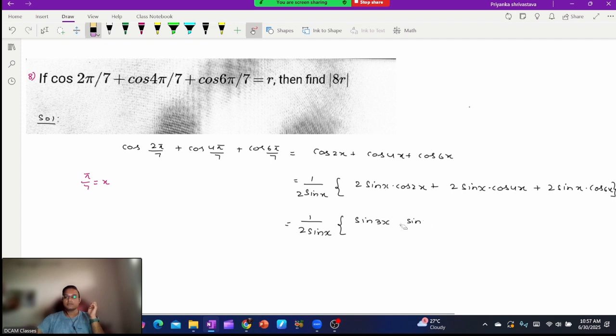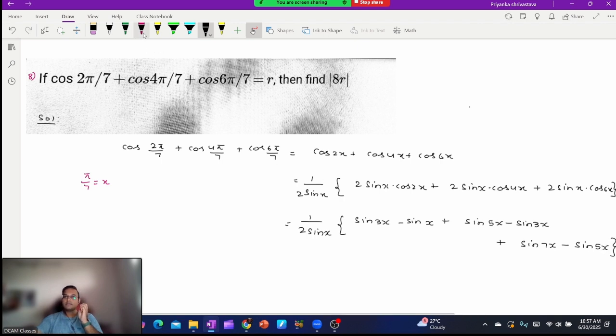Minus sin x will come. Plus sin of A plus B minus sin 3x, sin of A minus B plus sin of A minus B. Here sin of A plus B minus sin of A minus B, which is sin 5x.